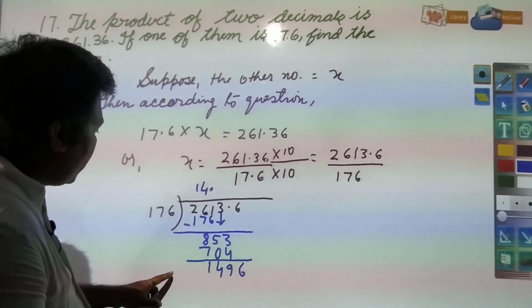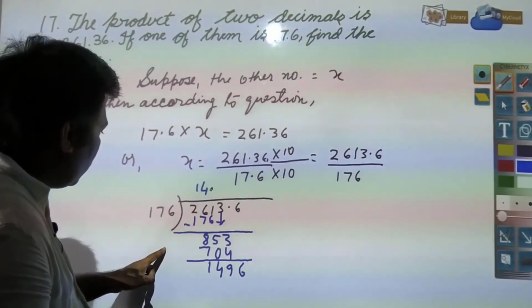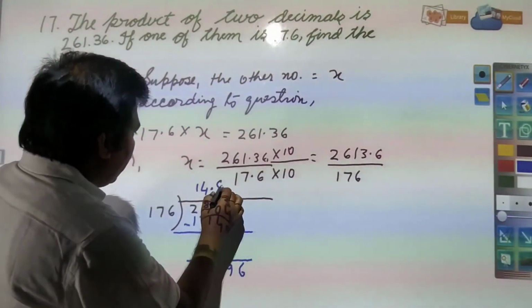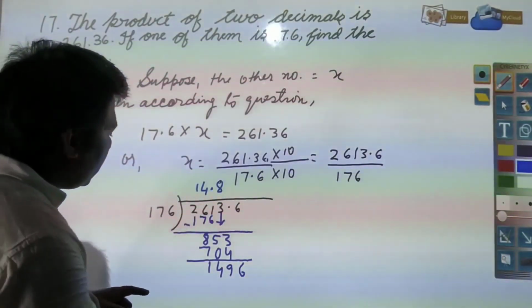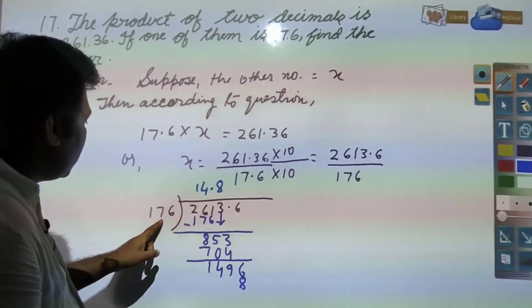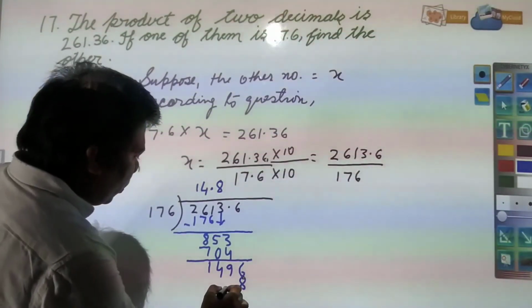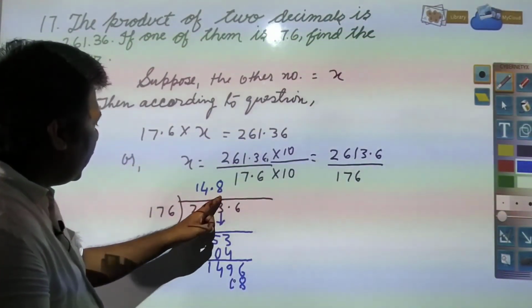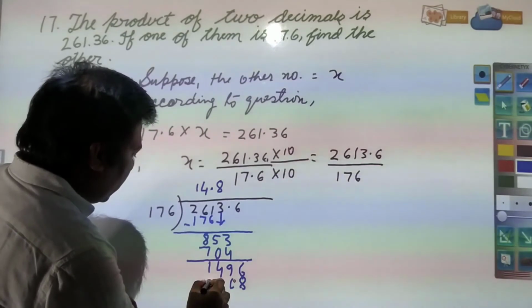And then you see how many times it will go? 8 times you try. 8 6 ja 48, 8 7 ja 56, and 4 60. 6 you have, 8 1 ja 8, and 6 14.